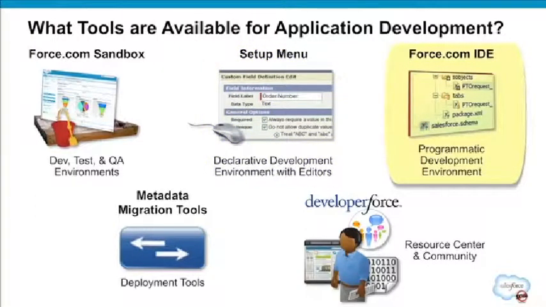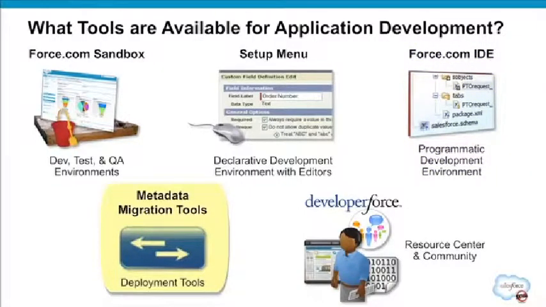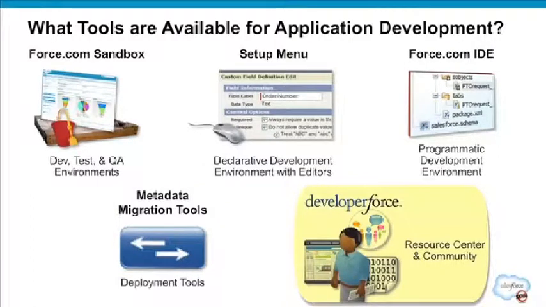There's the Force.com IDE, which is the development environment that we're going to be using this week in order to write our Apex classes and our Apex triggers. There's also the metadata migration tools for taking definitions that we've been working on and migrating them from one environment to another. An example would be from one sandbox to another sandbox, or from sandbox up to production. And then we talked about developer.force.com.